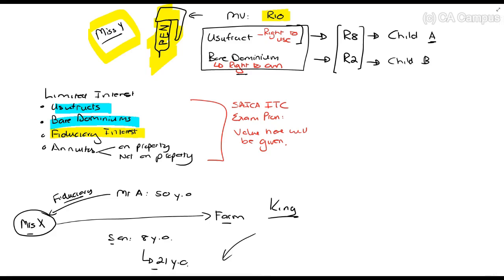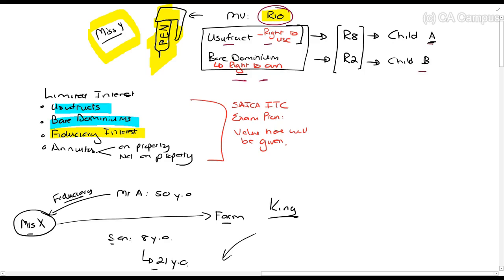In her will, she says that child A must get the usufruct of this pen and child B must get the bare dominium. Because when she died, what did she have in her estate? She had the entire pen, so she would have estate duty on that. Not only the usufruct, not only the bare dominium. Child A would have that and child B would have that.